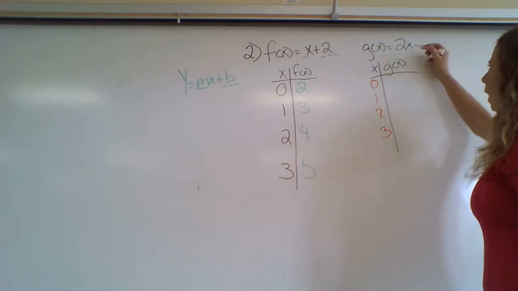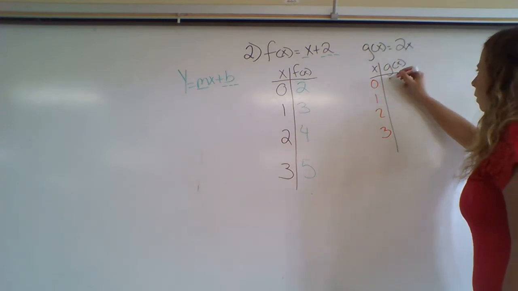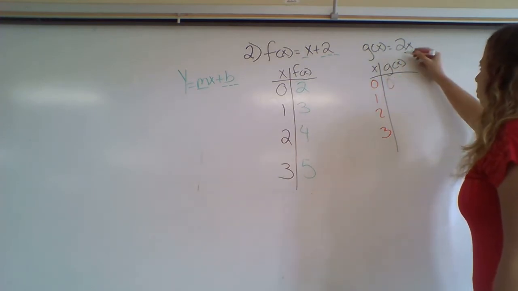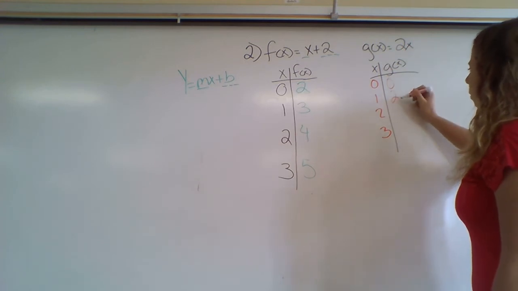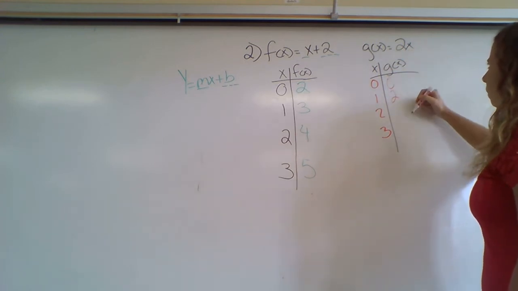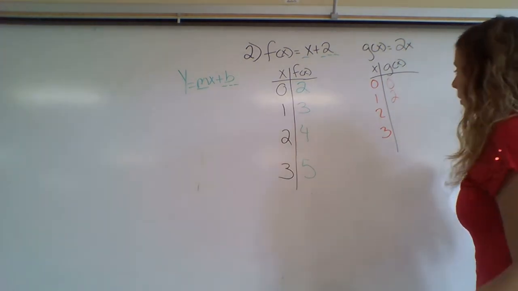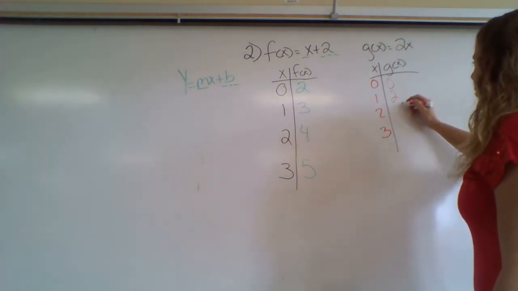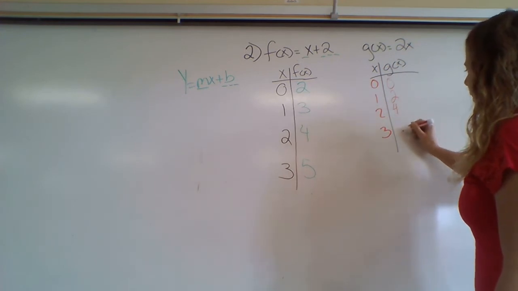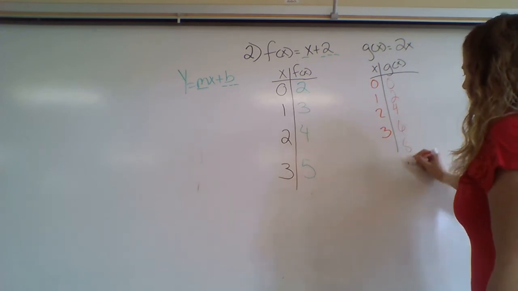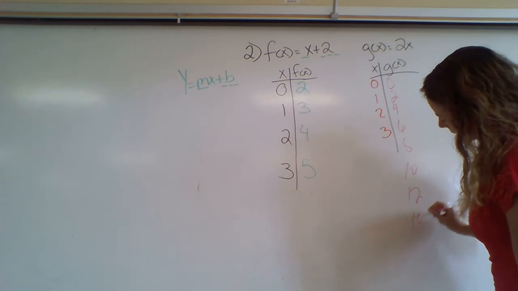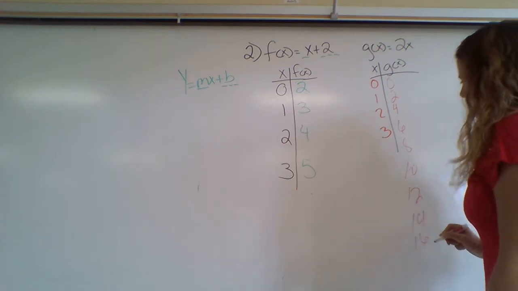Substitute in 0 for x. 2 times 0 is 0. 2 times 1 is 2. We're adding 2 each time. So then 2 times 2 is 4, and then you would add 2 again. You get 6, and then 8, and then 10, and so on and so forth.